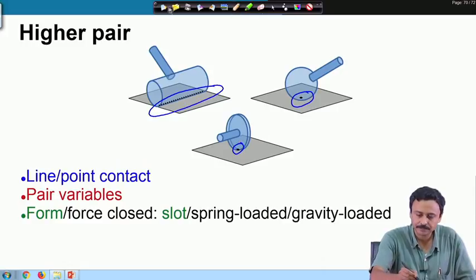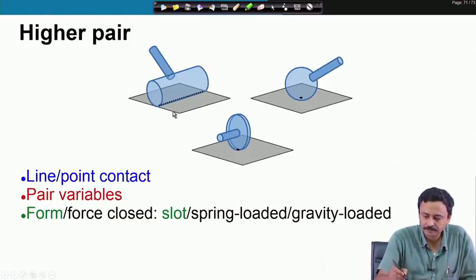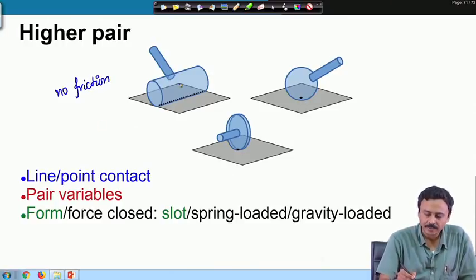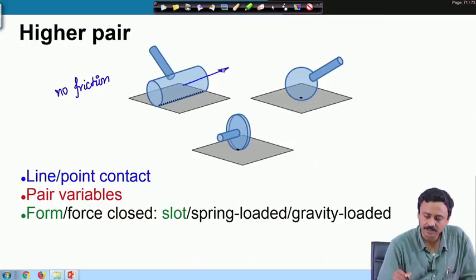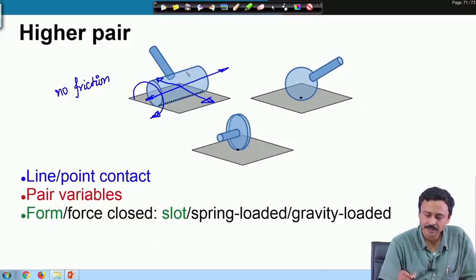For example, if you do not consider friction, then this cylinder can translate in this direction, it can translate in this direction, it can rotate about this axis, it can rotate about this axis.